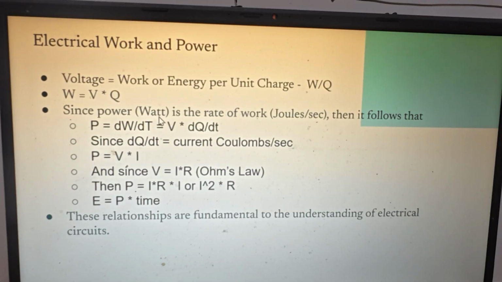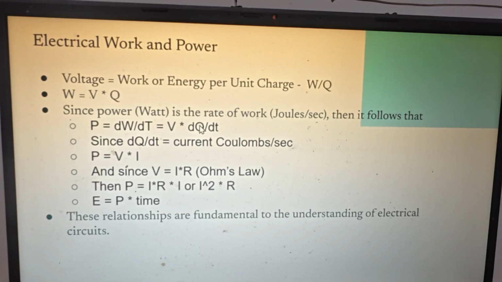Since power is the rate of change of energy, joules per second is a watt. 1 watt is 1 joule per second, the rate of work. Then it follows that the power is the rate of change of work with respect to time, and that is equal to voltage, which is that same equation here, times the change in charge divided by time.